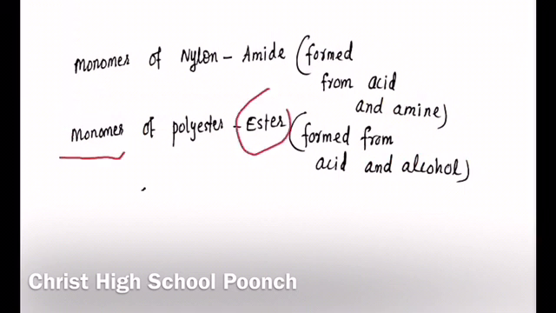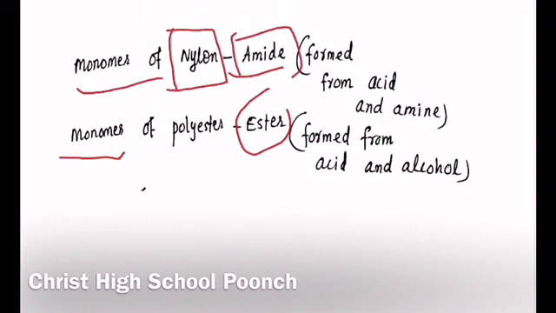In the case of nylon, we have seen that the monomer of nylon is amide. That is, monomer amide, polymer polyamide. These polyamides combined form the fiber nylon. And we have studied that the monomer amide is obtained from the reaction between two chemical substances, acid and amine.